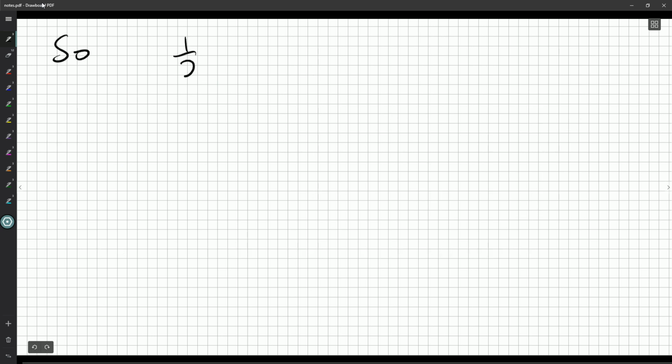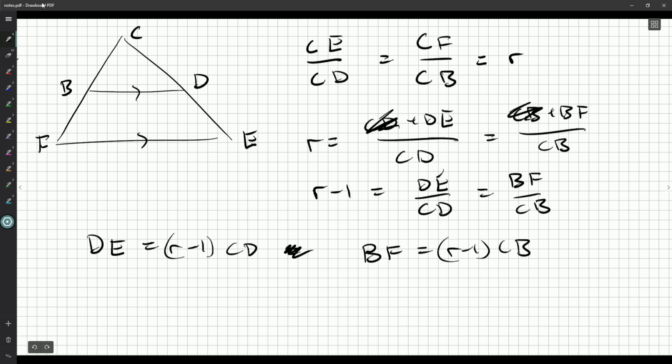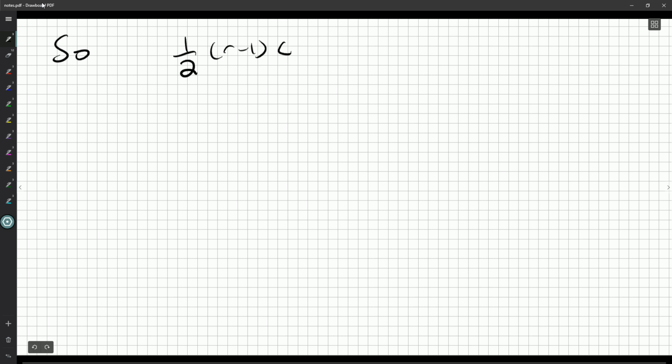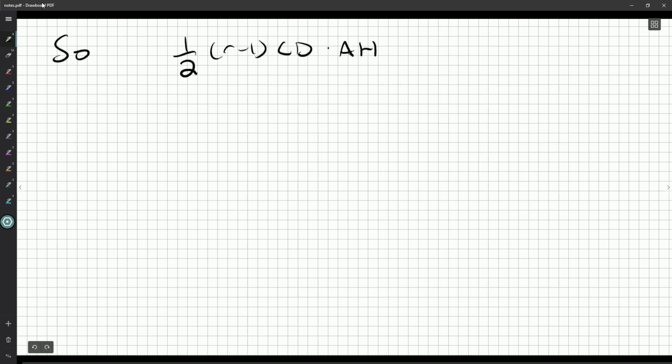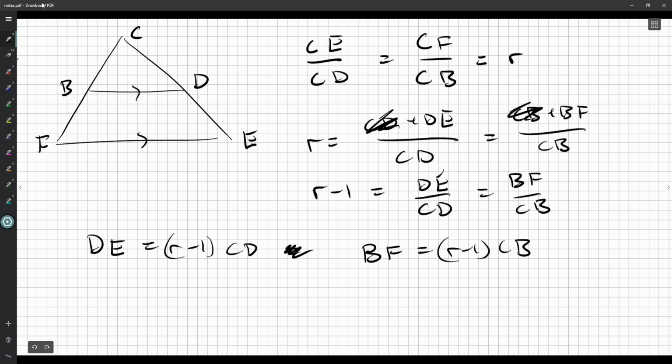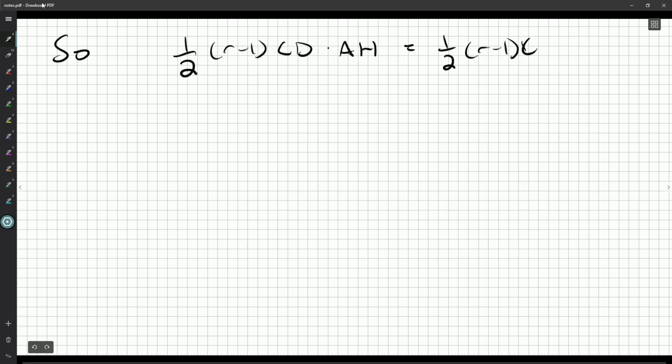So 1/2 R minus 1, which one was it? CD. And that went with AH, because that was with E, right? Yeah, AH is the same as 1/2 R minus 1 CB, replacing the BF with CB, and the other one's AI.